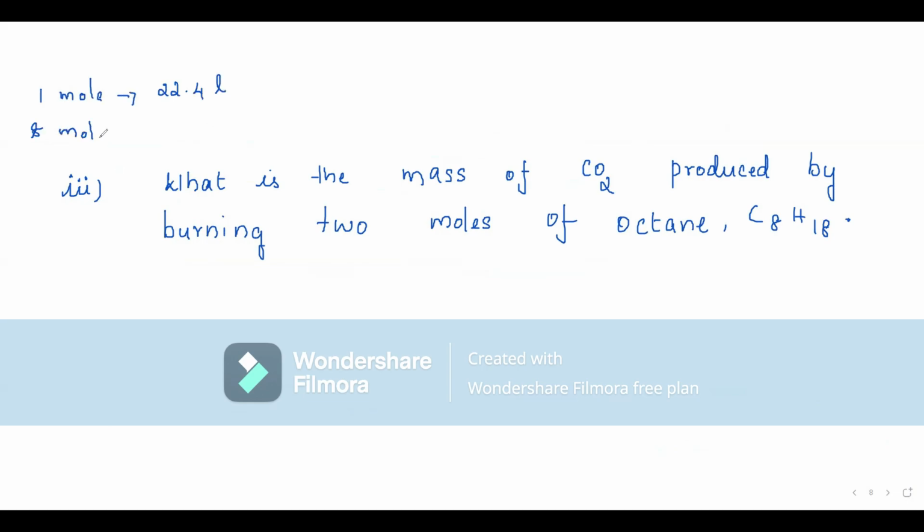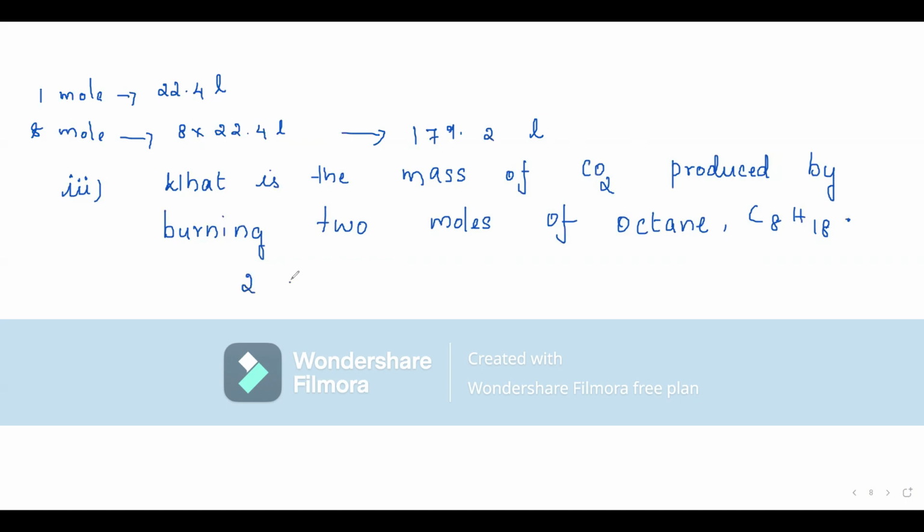Therefore, 8 moles will require 8 into 22.4 liter. You can solve this also by unitary method. 8 into 22.4, okay, answer is 179.2 liters.